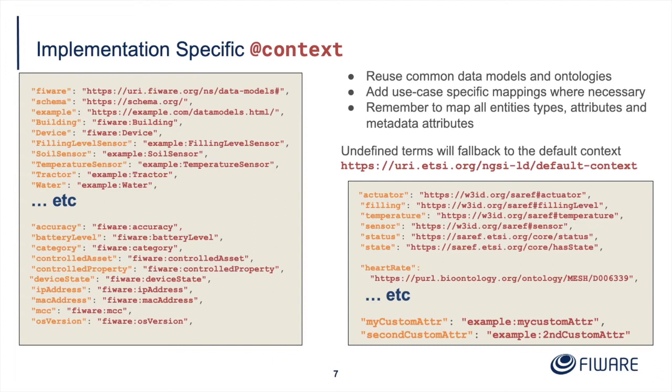Now, there are various different classes of ways of defining this address book file, and you can see normally at the top you start off saying, well, I don't want to keep repeating this URI all the time, so let's define FIWARE, the FIWARE URI, the data models, as something nice and long. And my example one is something using an authority for linked data attributes such as schema.org to say these are schema.org attributes.